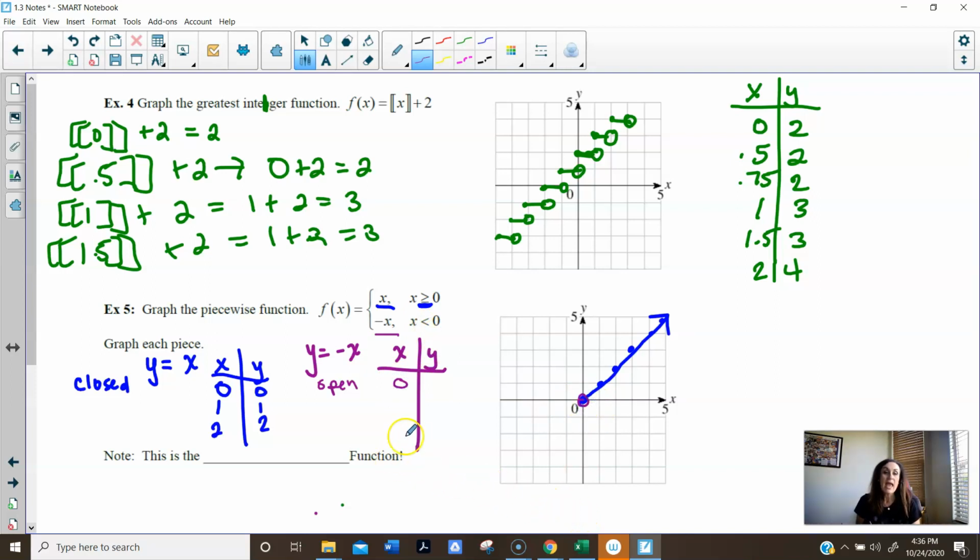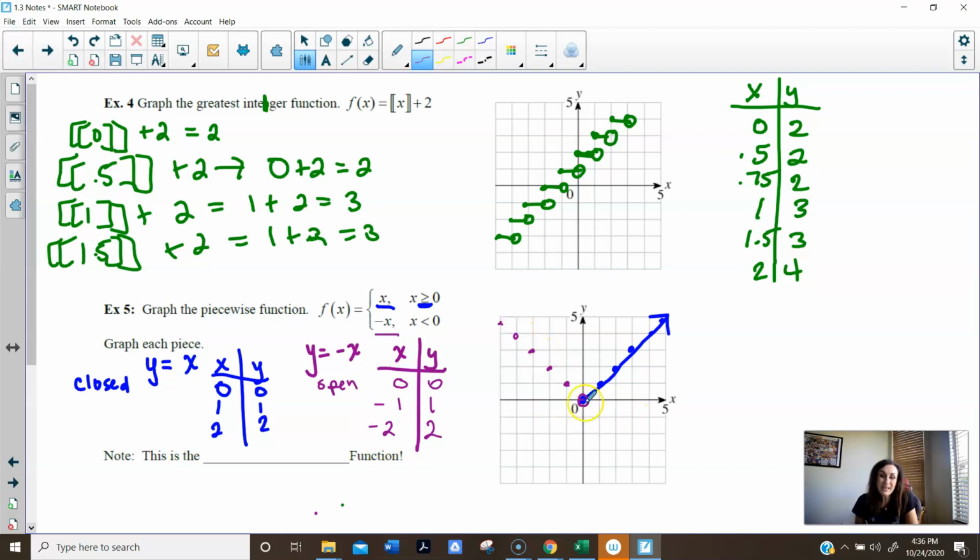And then if you plug in 0, the opposite of 0 is 0. If you go smaller, since it says less than 0, if you plug in -1, the opposite of -1 is 1. So it's left 1, up 1. The opposite of -2 is 2. And so this is going to continue.